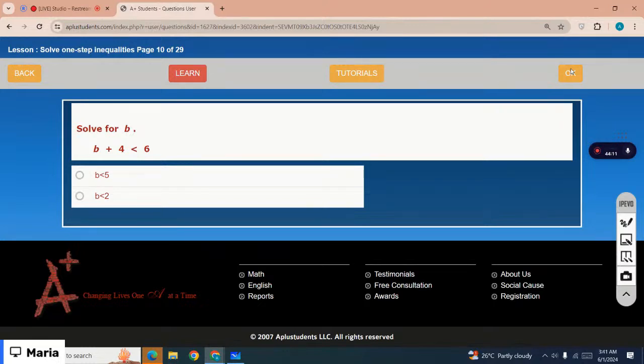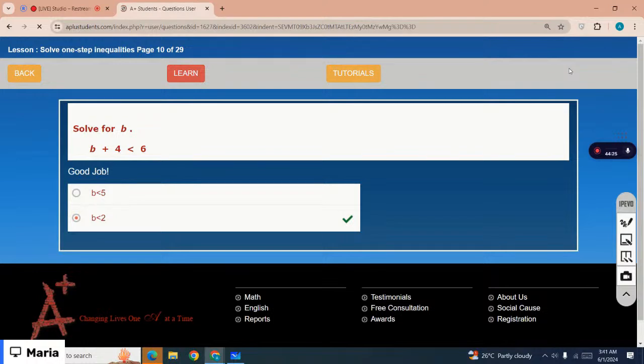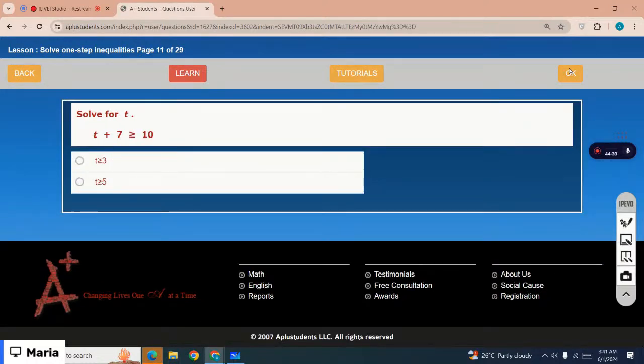The correct option is b is less than 2. t plus 7 is greater than or equal to 10, you have to solve for t, which is the correct option. Yes, that is t is greater than or equal to 3.